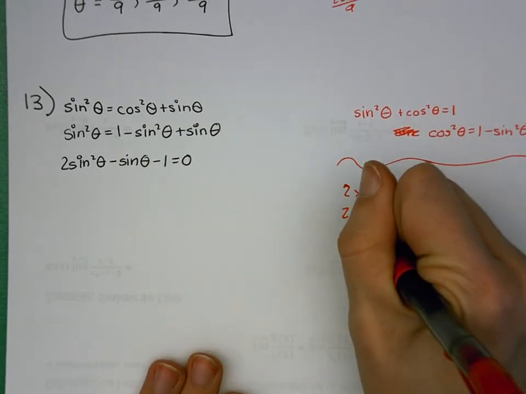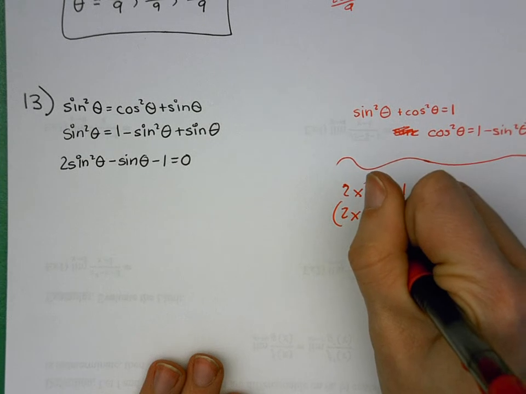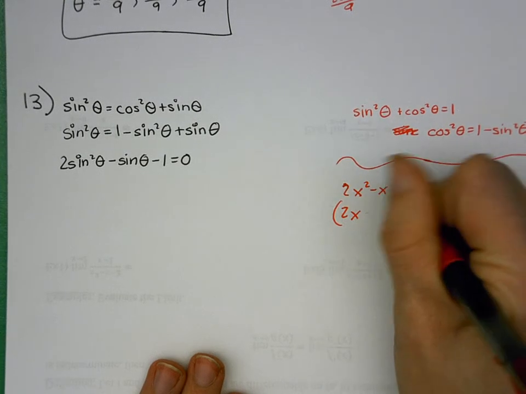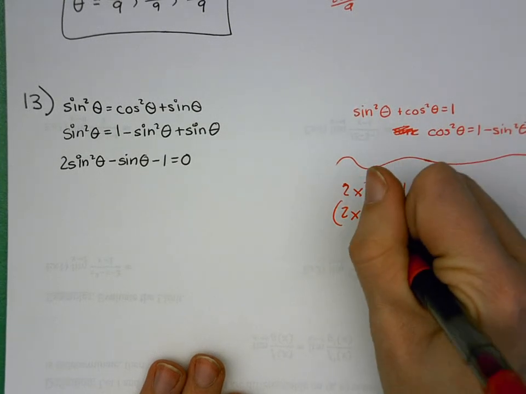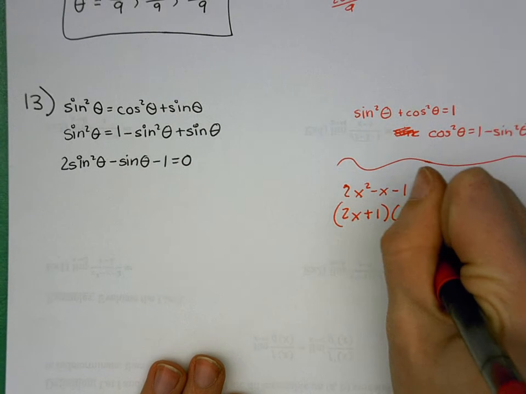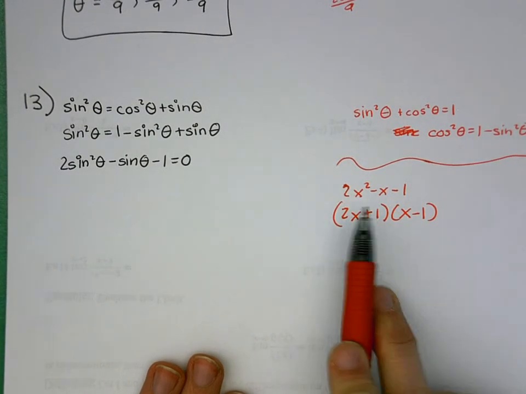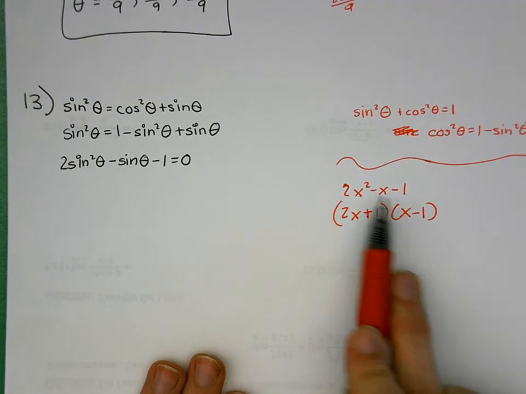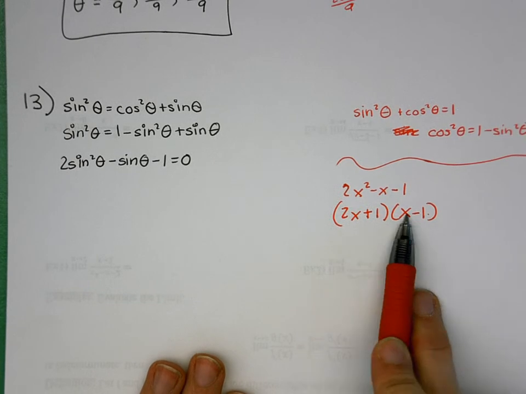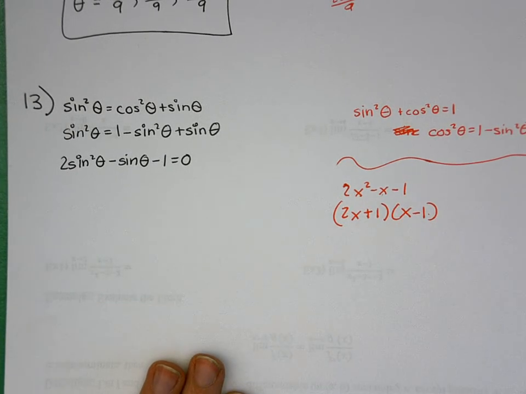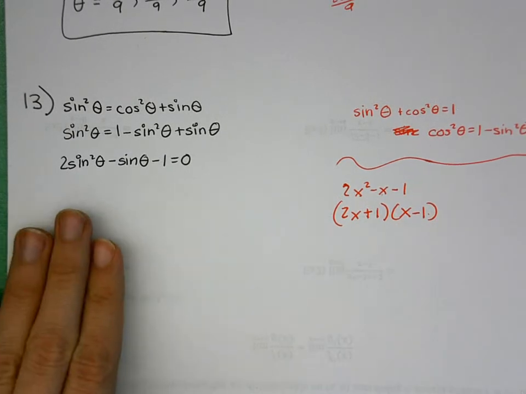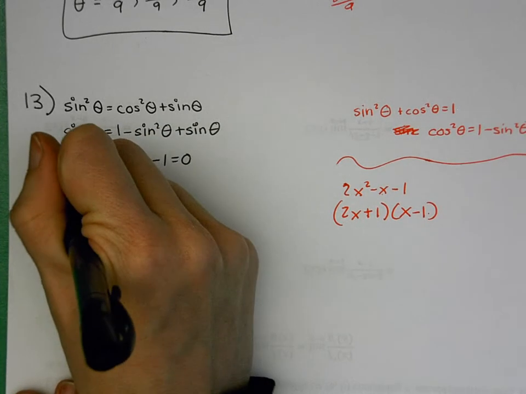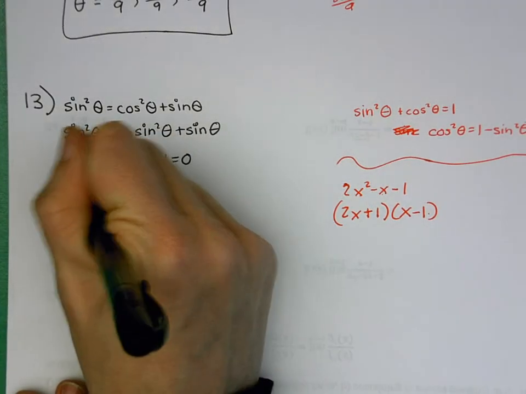Okay, well, this would factor to 2x, and we want to be multiplying to -2, adding to -1, so this would be +1 and x minus 1. And it's good to always double check. 2x times x is 2x squared. -2x plus x is -x, -1. And then back over here, we use that same factor, but rather than writing x, we write sine theta.